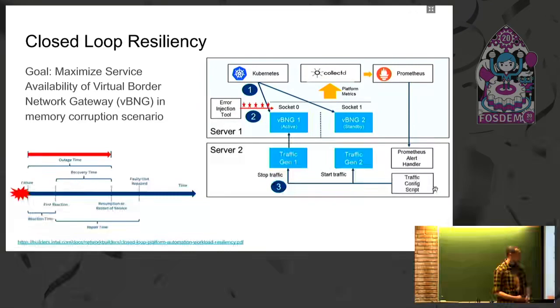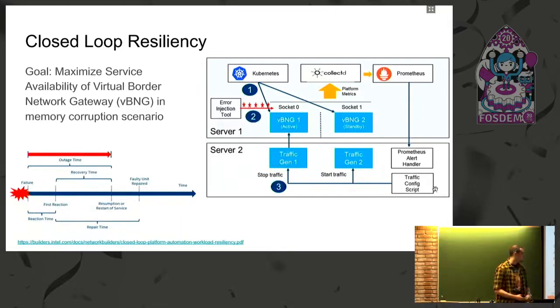So before that actually happens, we may find out about the increase in corrected memory errors and do something with it. So in this proof of concept, we are just triggering the remediation action, which moves the traffic from one vBNG instance to another, just to simulate the high availability.